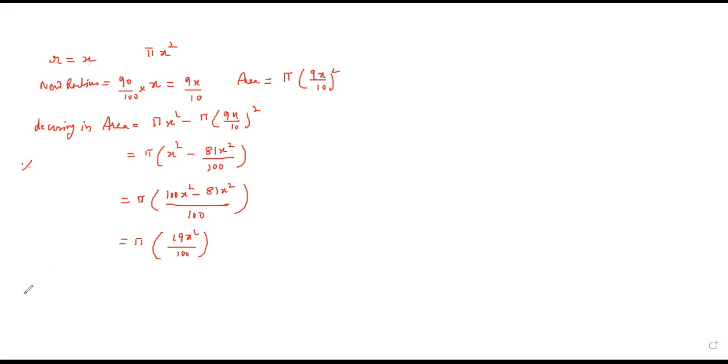So percentage decrease is decrease in area upon original area into 100. So pi goes with this, x square goes with this, so 100 goes with this. So this is 19%. I hope this is clear.